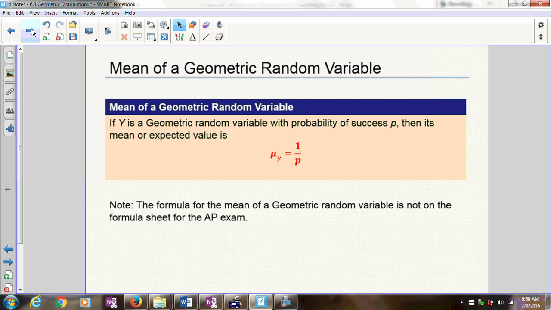In terms of the standard deviation, because the random variable is infinite, it's much more difficult to compute, and that's not something that we cover in this course. The only thing you'd be responsible for is knowing how to calculate the mean of a geometric random variable, which is just 1 over p.